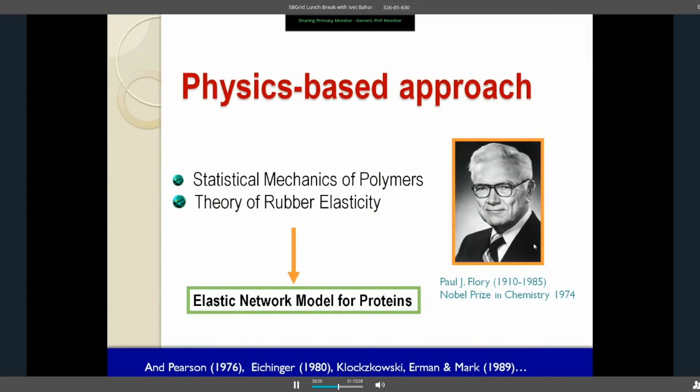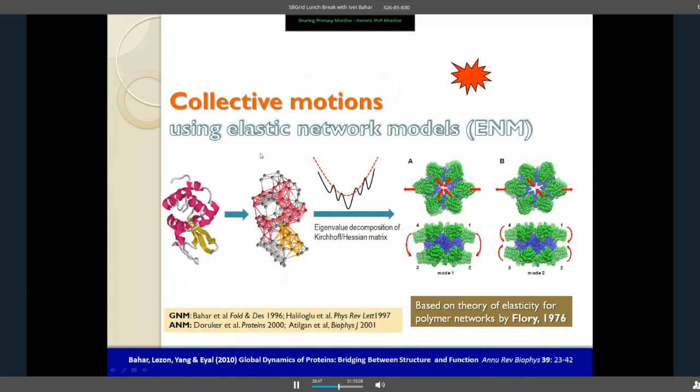Now let me go a little bit back to the theory, where everything is coming from, and explain a bit more the technical details. So actually, as I mentioned, I am coming from polymer physics, my thesis was on polymer physics actually, and the theory of Paul Flory, the 1974 Nobel Prize in Chemistry, on rubber elasticity has been a major inspiration, which led to conceptualizing the elastic network models for proteins.